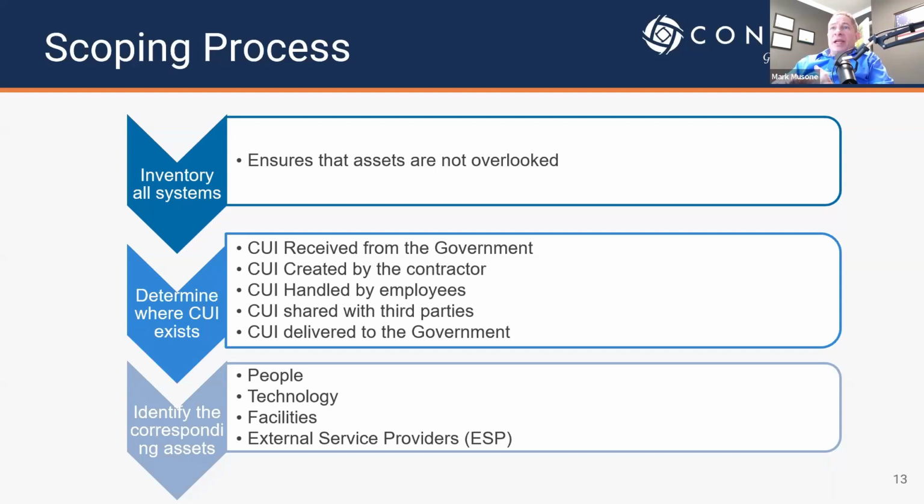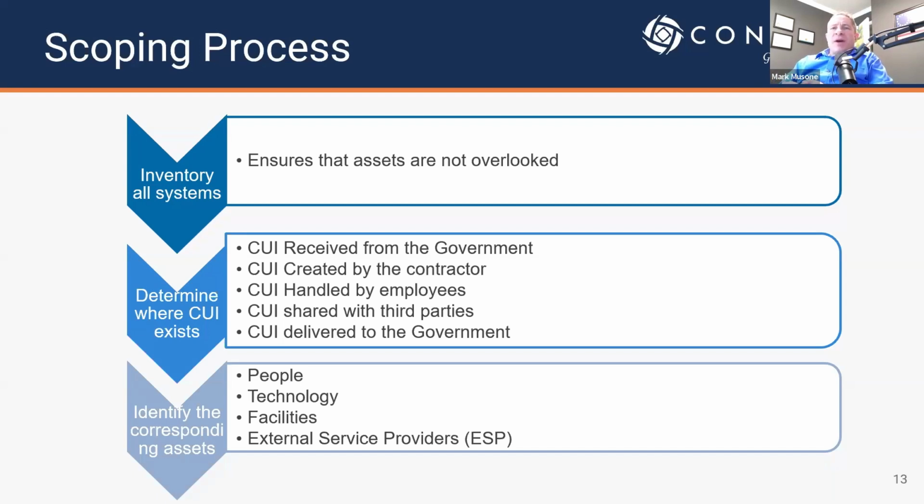Was CUI created by the contractor? Is any CUI handled by employees? Is any CUI shared with third parties? And what CUI is delivered to the government? There are many places in which CUI can live in an organization, and we want to focus on the data. It's all about the data when we are talking about scoping.